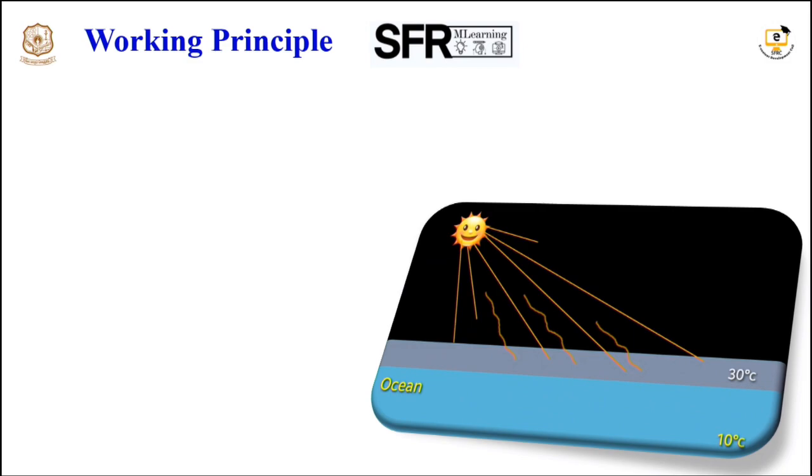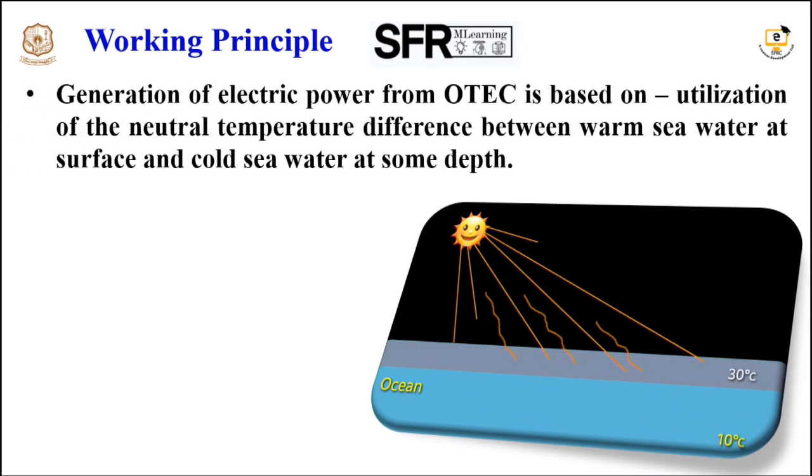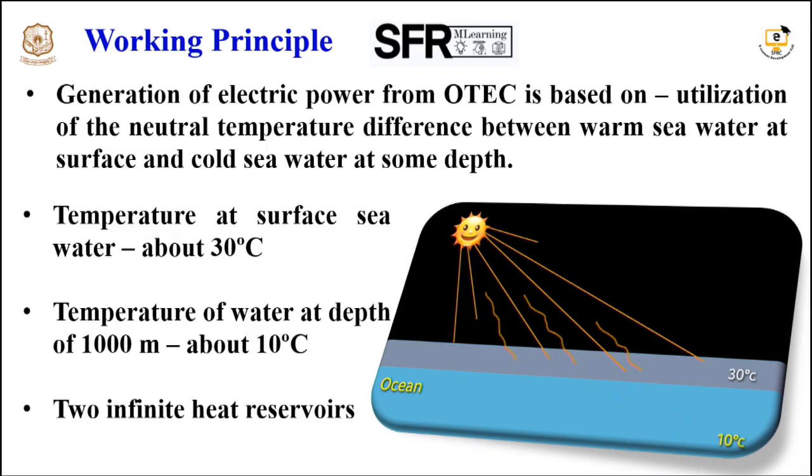When we go to the depth of the ocean, which is about 1000 meters, the temperature of the ocean remains low, about 10 degrees Celsius. So with the temperature difference of 20 degrees Celsius, we can generate electricity. These are the two infinite heat reservoirs.